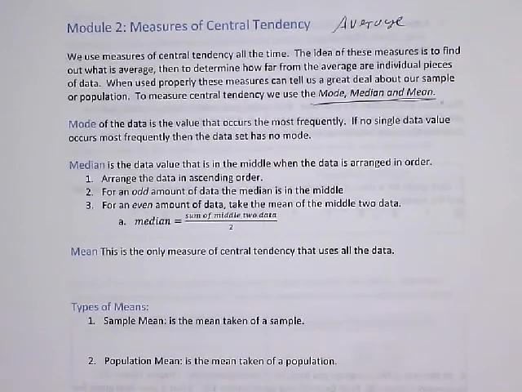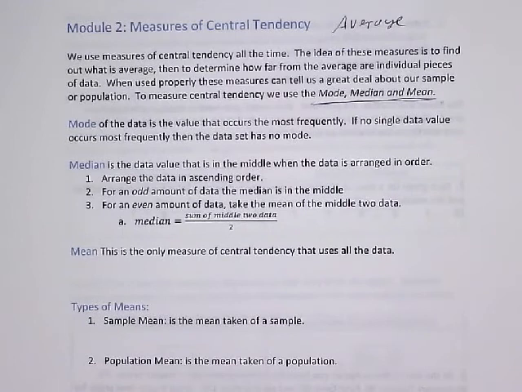So there's two parts to this. What's average will be the first part, and how do we find out what's average? And then the second part of it will be how far away from the average you are. So you can basically be above average, below average, or actually be average. So that's what we're going to talk about in this module over 2 videos.